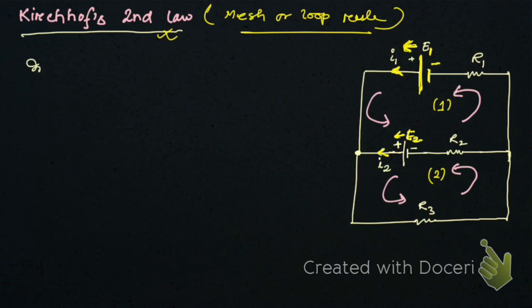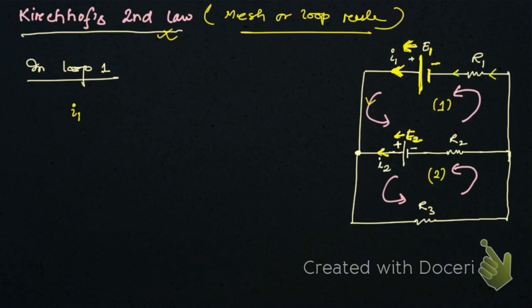Now you see, so in loop 1 or mesh 1, if you apply this law, so how to do that? So here you see, as I is in the direction of the path that we have chosen, so that's why I1 into R1. So this I1 current is flowing through R1.